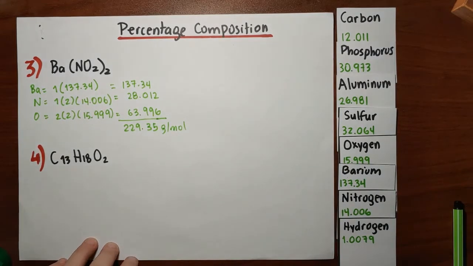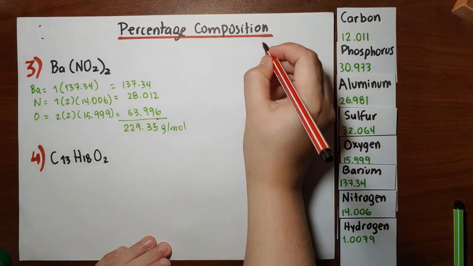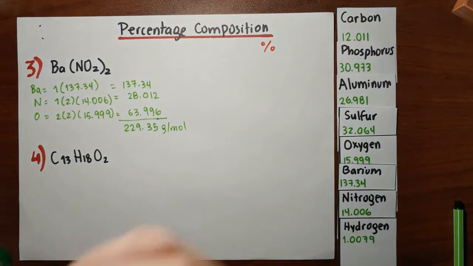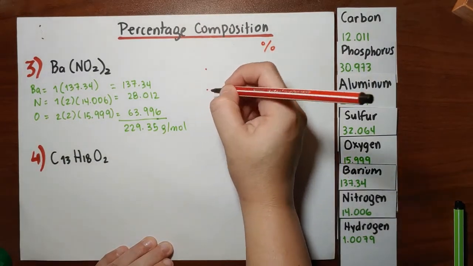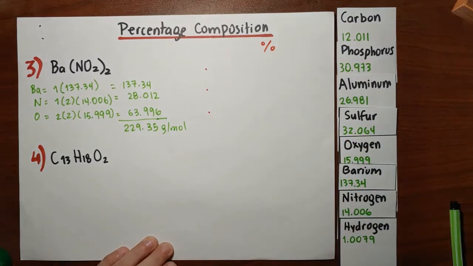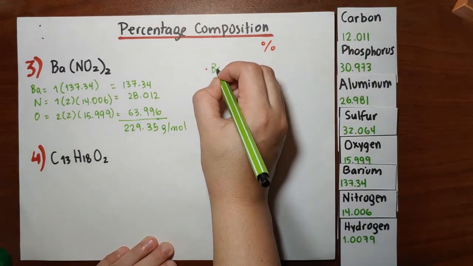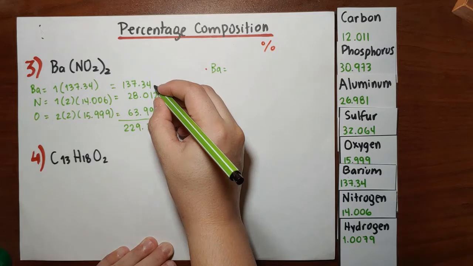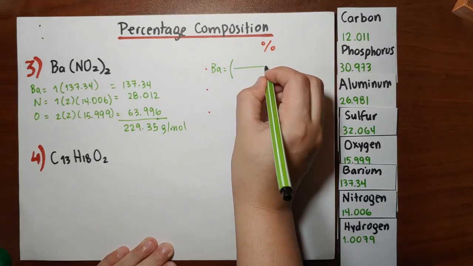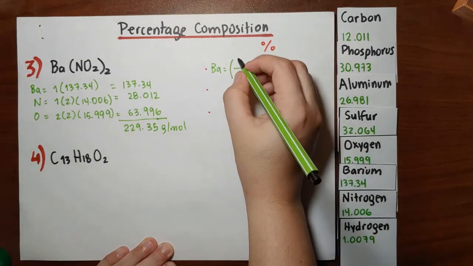Okay, now it's asked to get the percentage composition. I'll do it here. Barium, nitrogen, oxygen. So for barium it will be this partial amount divided by the total times 100.